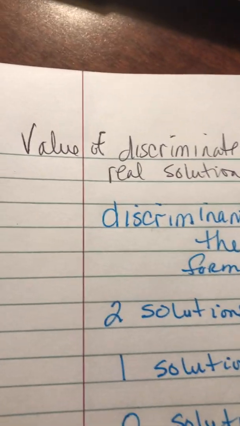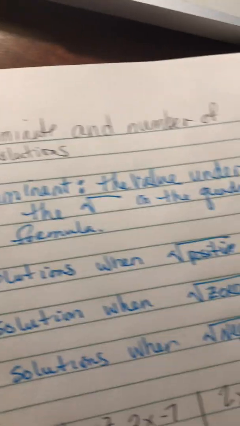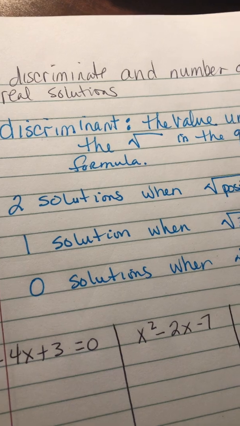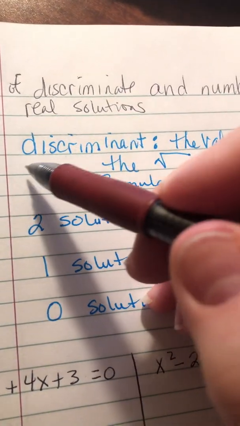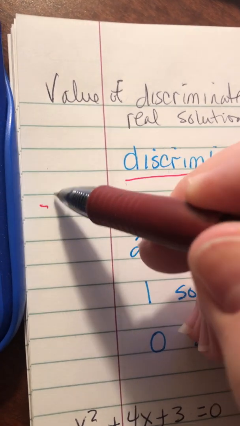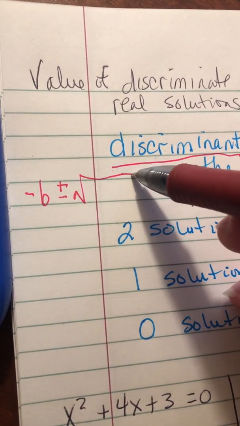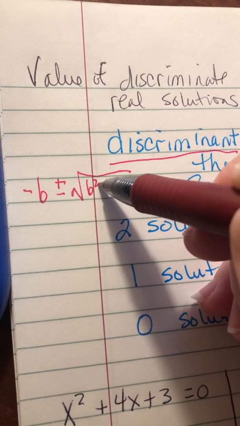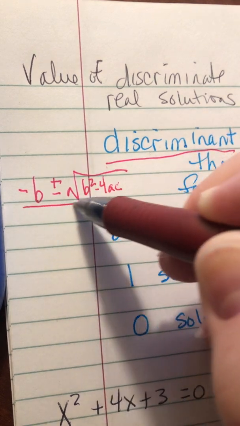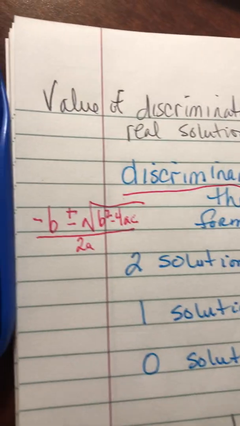So we're going to talk about finding the values of the discriminant and the number of real solutions. So let's first talk about what a discriminant is. Well, in our quadratic formula, which is the opposite of b plus or minus the square root of b squared minus 4 times a times c, divided by 2a, that's your quadratic formula.